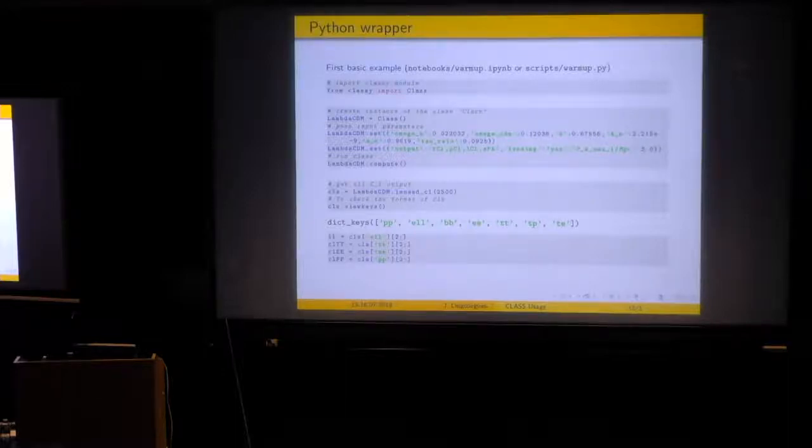And here I'm defining what I want the code to compute. And it's the same example as before. We want the CMB CL, the matter power spectrum. The CL should be lensed. And here we also ask that the matter power spectrum pk is computed to a maximum value of 3. And here the unit is 1 over megaparsec, 3 megaparsec minus 1.